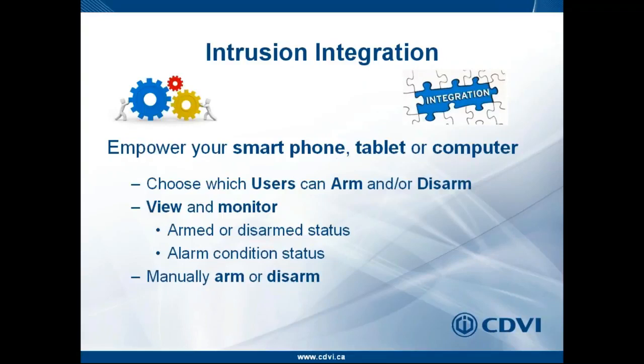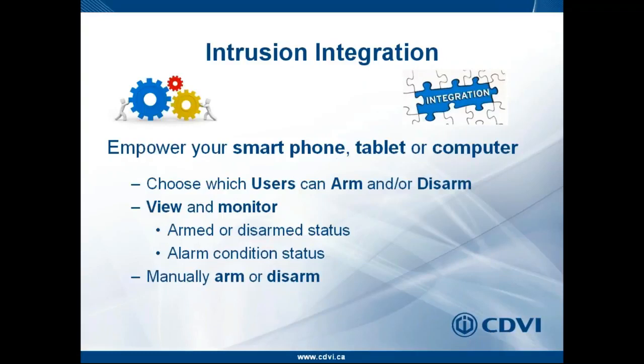In the system, because of the web-enabled option of Atrium, the web capacity, you'll be able to use a smartphone, a tablet, or a computer, of course, and also in your software if you're using your computer, to see if the system is armed.